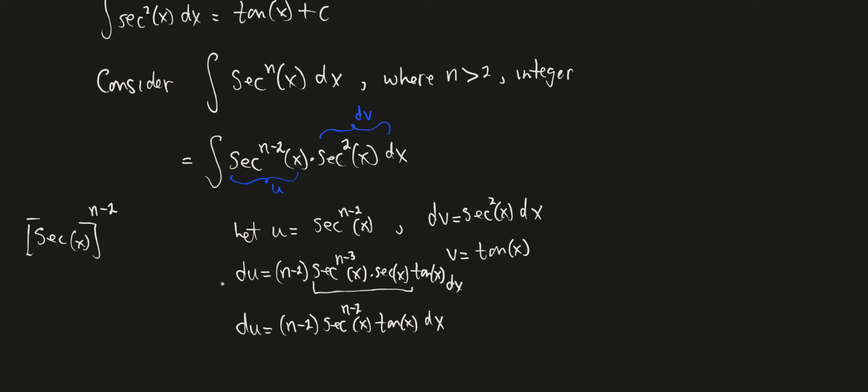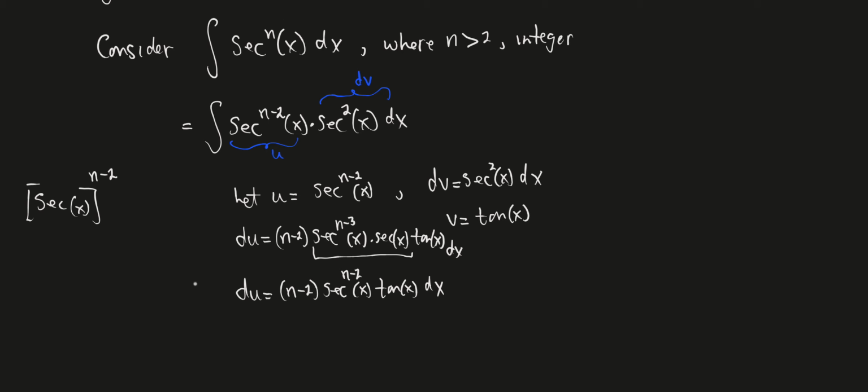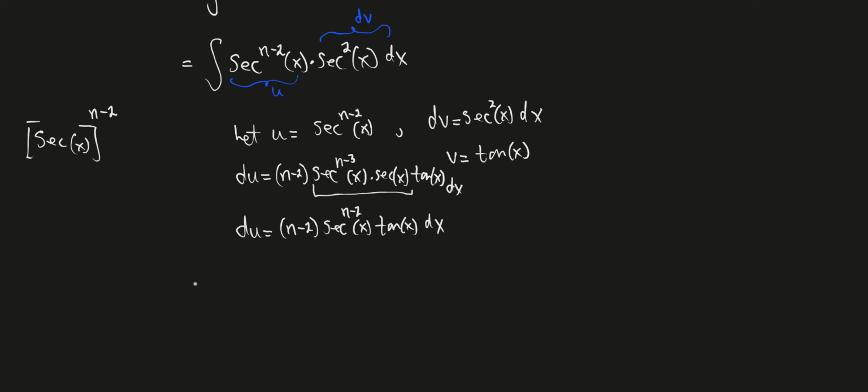So here's our v, here's our du. So now let's apply what our integration by parts formula says. So this integral, secant to the power n minus 2 of x times secant squared of x dx, that's equal to u times v, right? So I have my tangent times secant of x to the n minus 2, right?